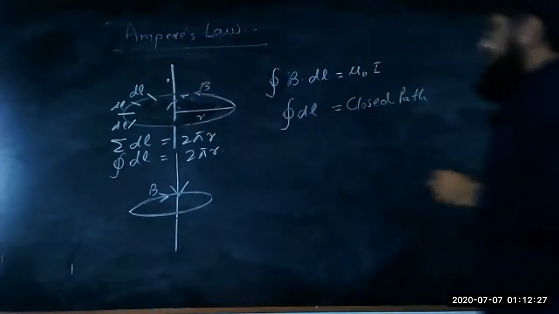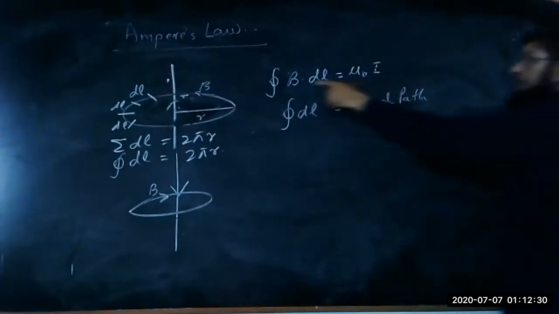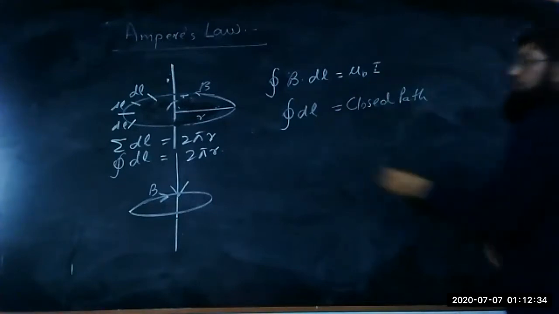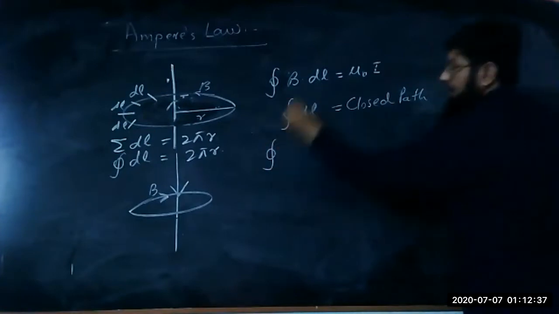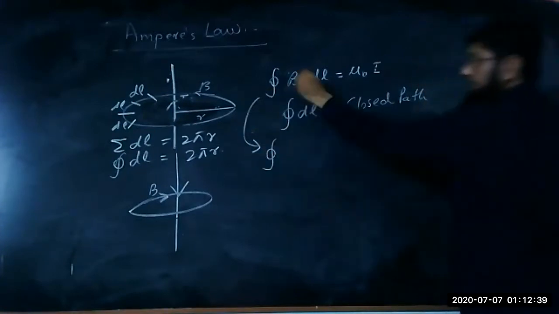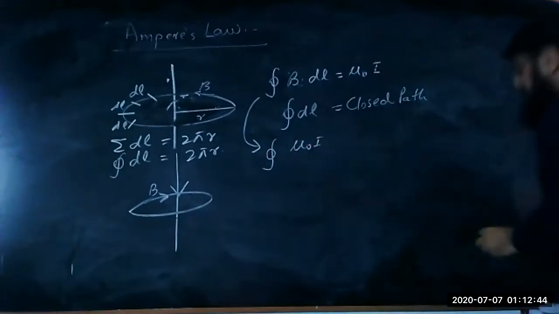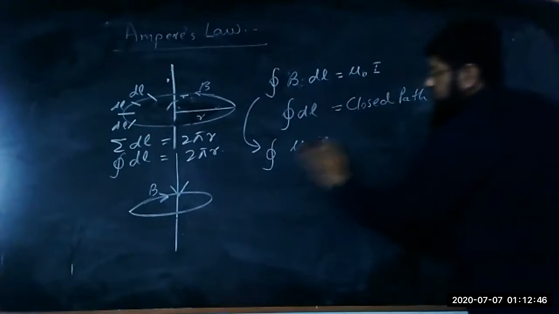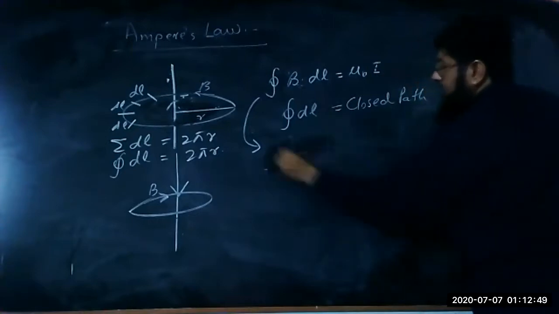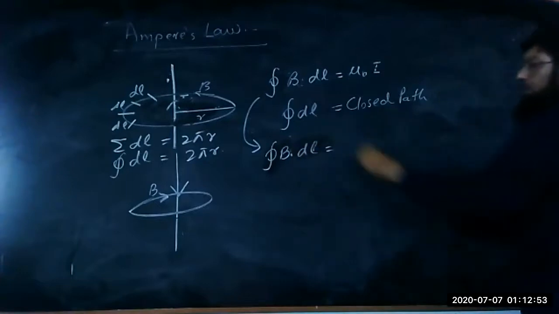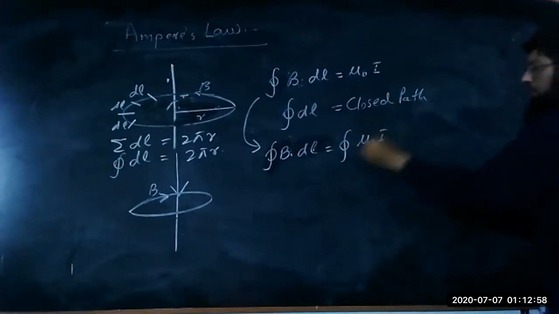Now here, the closed integral of B dot dl is equal to mu naught I. We have to substitute its values. So B is equal to mu naught I over 2 pi r.